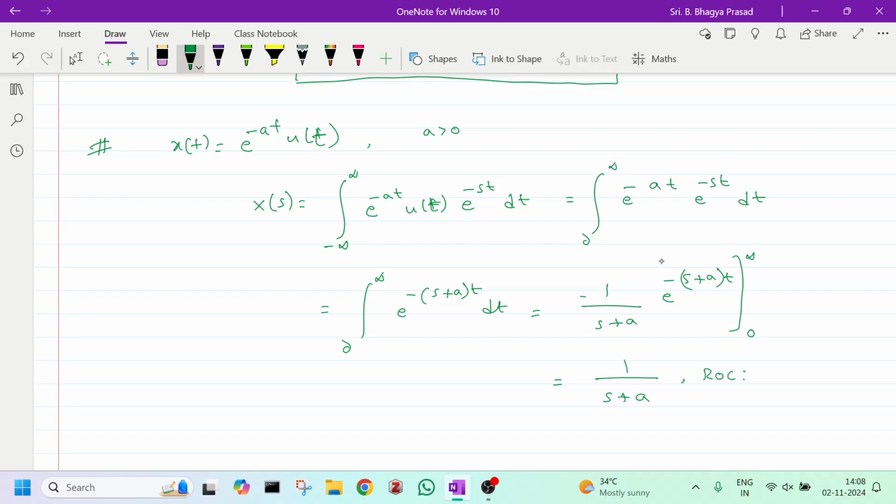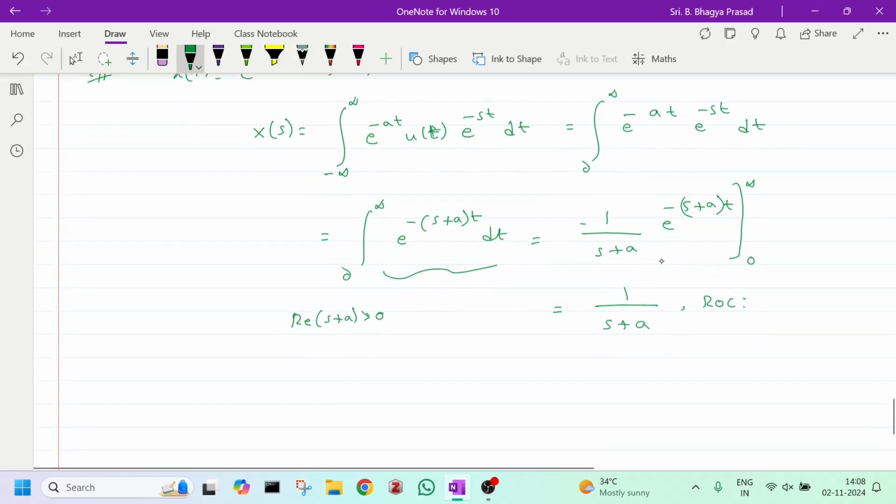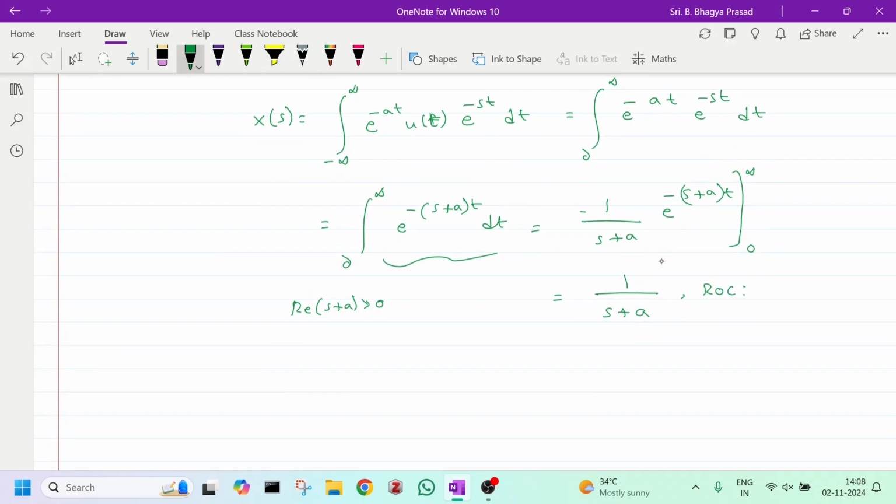So the ROC: this expression should be valid for certain values of s. If you observe this integral e power minus (s plus a) into t, this integration will converge only when the real part of s plus a is positive.